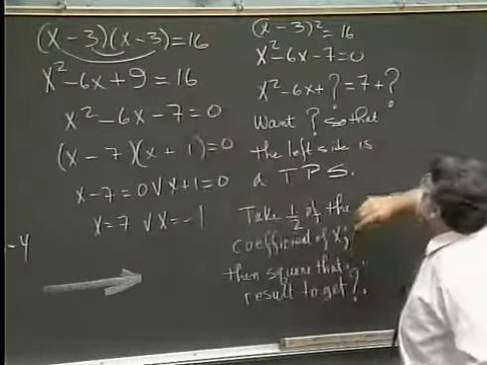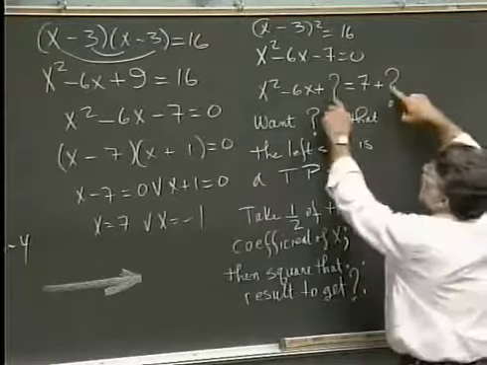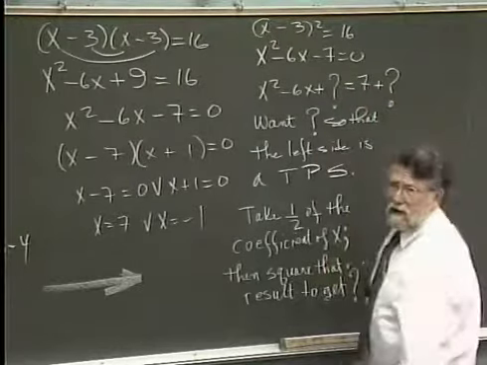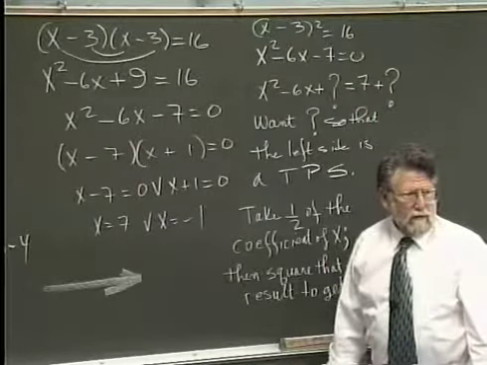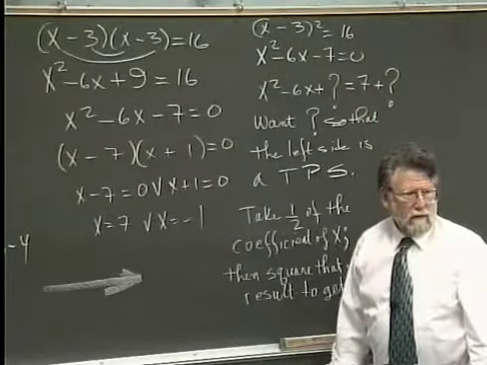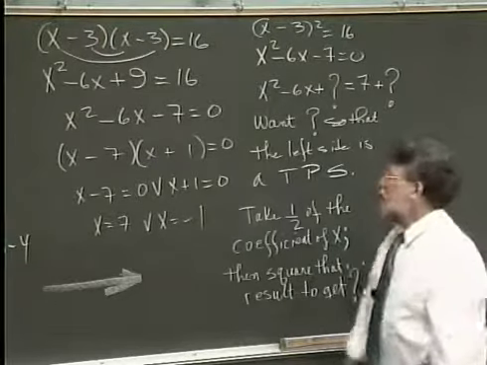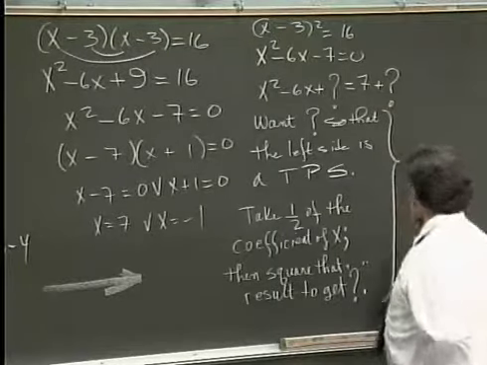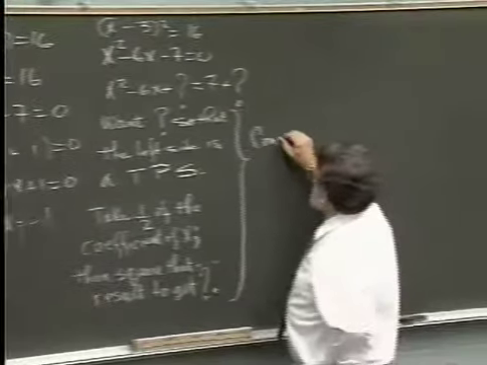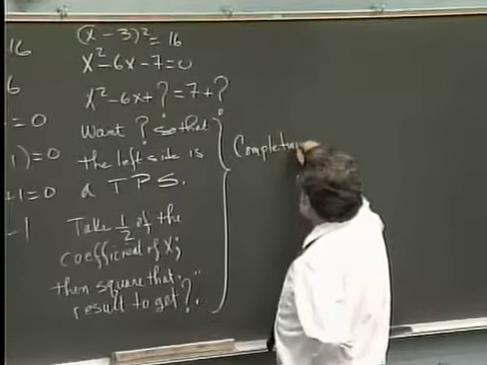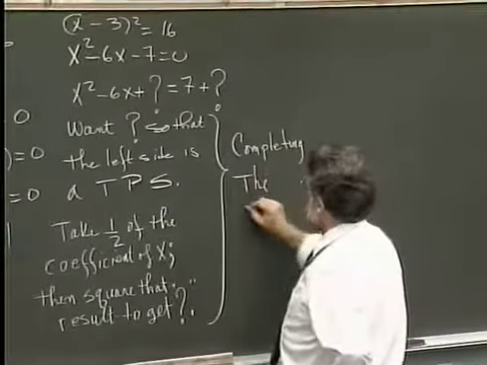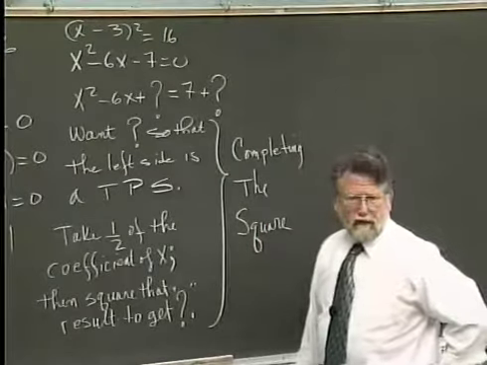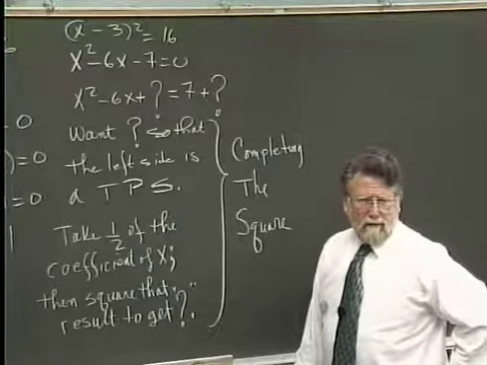So what I'm going to have then is a 9 added here, and then I can rewrite the left side in the form I want it, and the right side is 16. Are we with it? We have a name for this process, which I hope makes some sense. Completing the square. That's what it's referenced as.